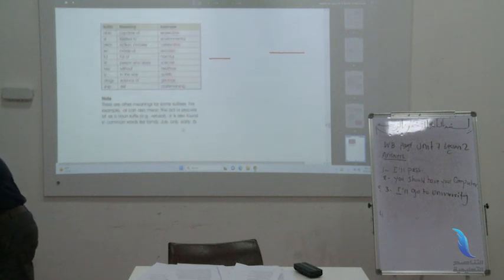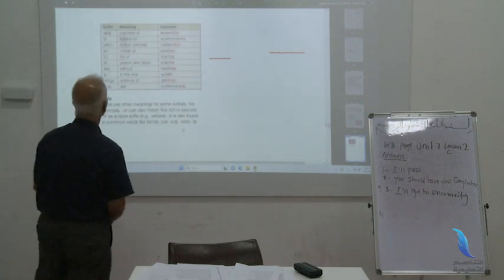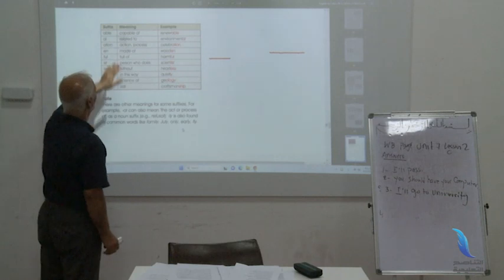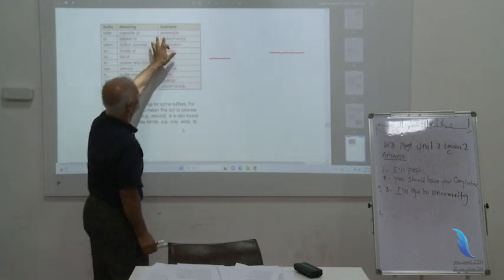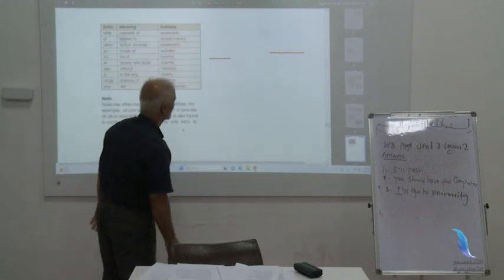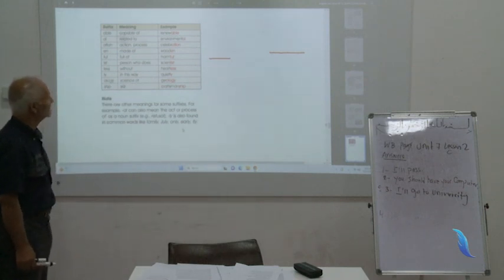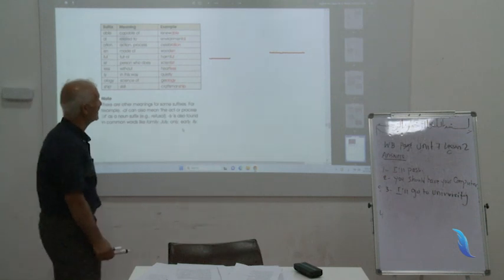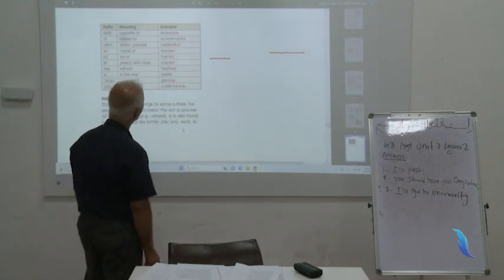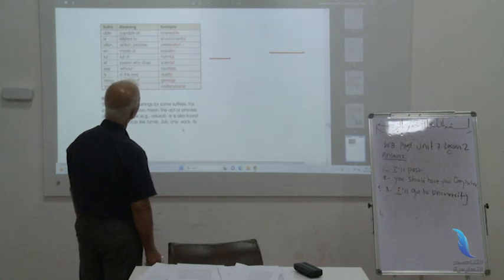For suffixes, like able, capable of, renewable. You can see the suffix at the end of the word, the last letters of the word.